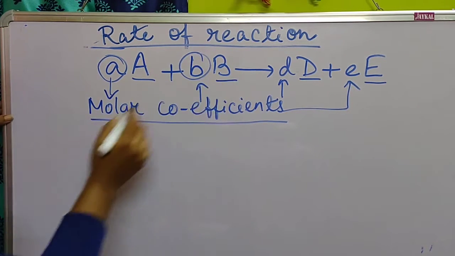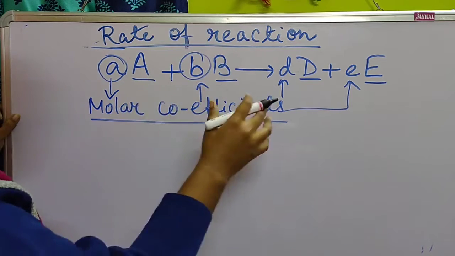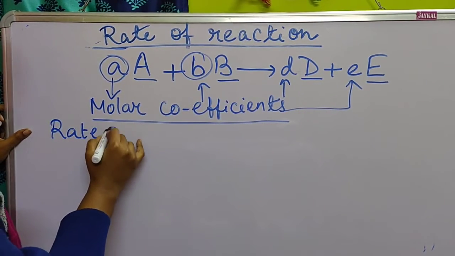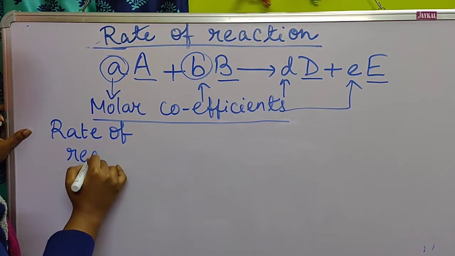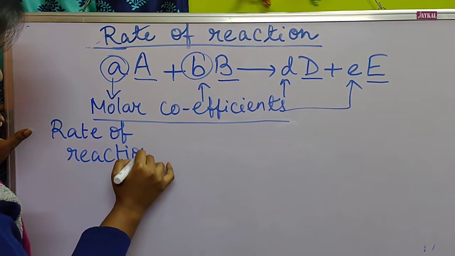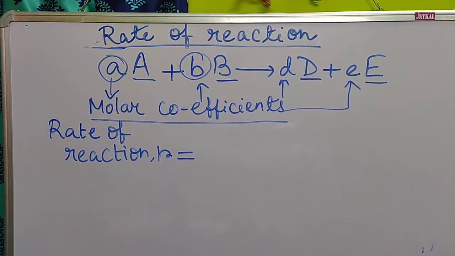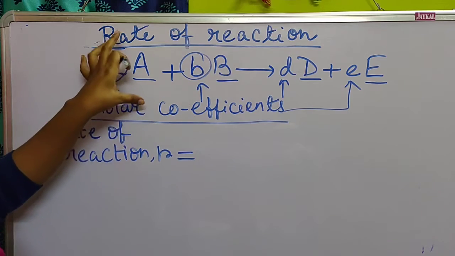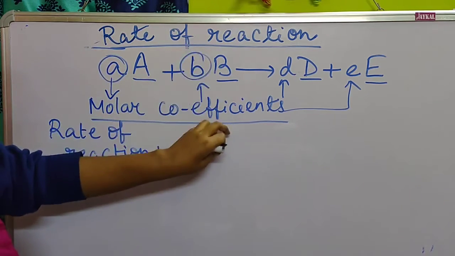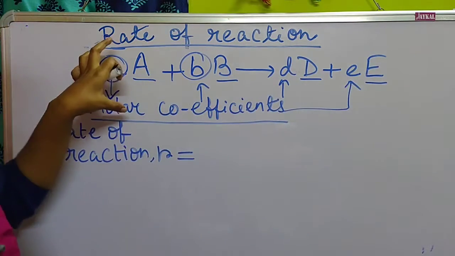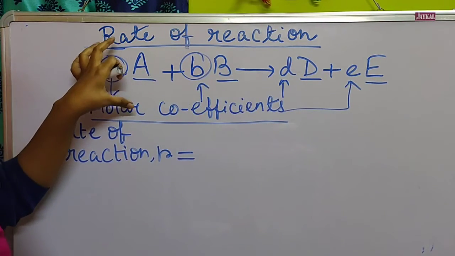So if we want to express the rate of this reaction, rate of reaction, small r, is equal to, now the rate of the reaction can be expressed individually in terms of A, in terms of B, in terms of D and in terms of E. First I am expressing it in terms of A.